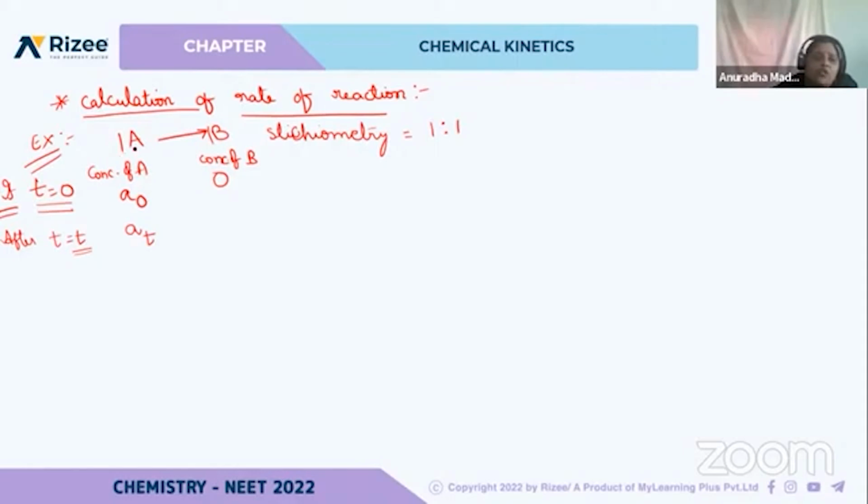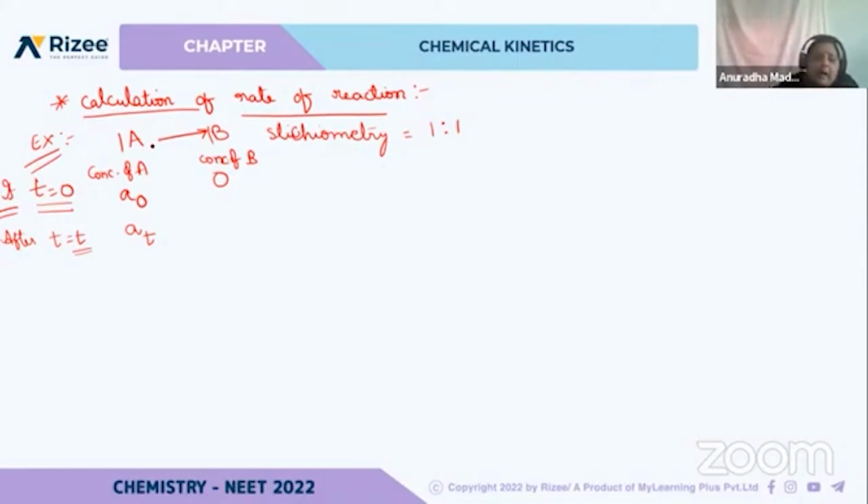How much the concentration of A is lost is equal to the amount gained by B. We are converting one reactant into product. After some time, the quantity of the reactant is reduced, so obviously the same quantity of the product is also formed.